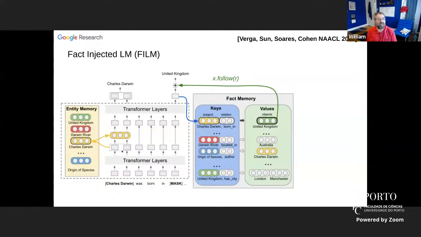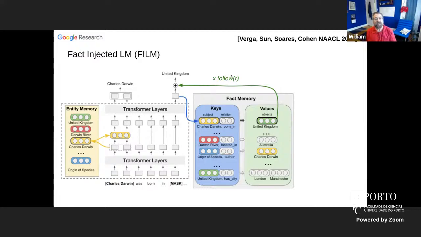We start out with EAE, which knows about entities, and I add a new memory structure, kind of like the structure that's used in MQL. You query it with a concatenation of a relation and a subject entity, and then you use that to look up a value, an object entity. The way that lookup is done is by doing this follow operation.